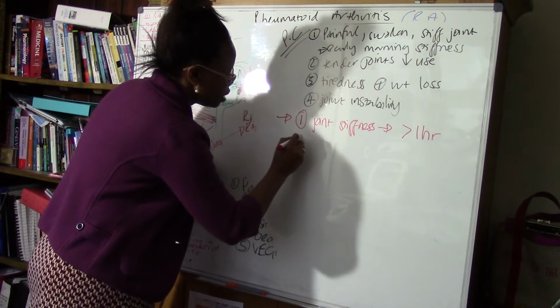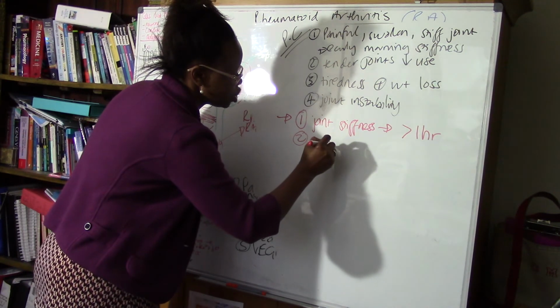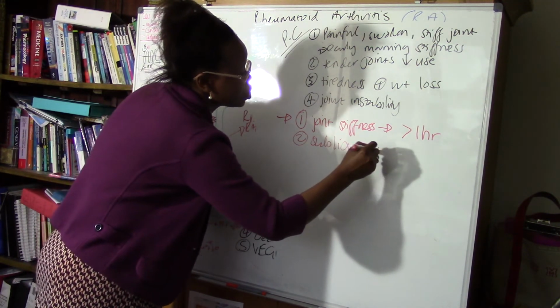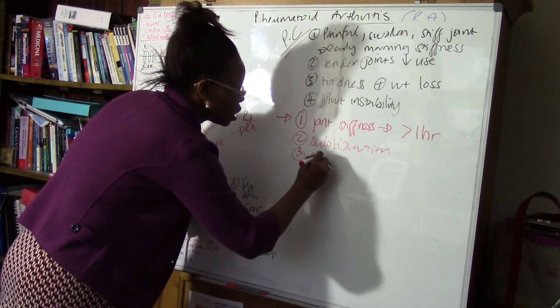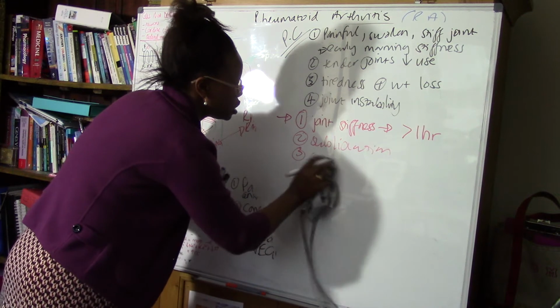So there will be subluxation of that joint, and there will be anemia of chronic disease.